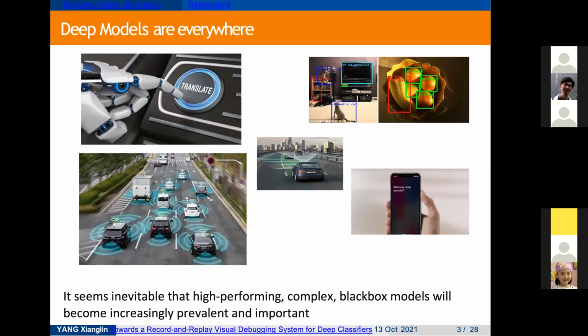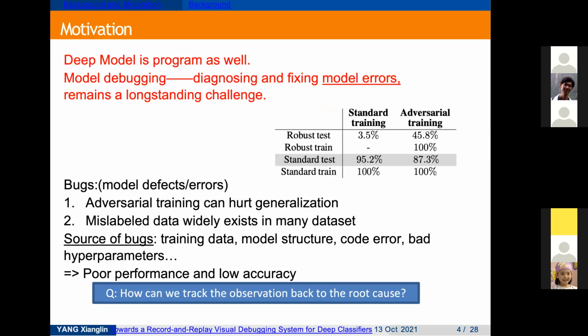We know that deep models are everywhere now. Deep models have achieved state-of-the-art performance in many research areas like machine translation, automatic driving, object recognition, and voice recognition. So it seems inevitable that those high-performing complex black box models will become increasingly prevalent and important in the future.